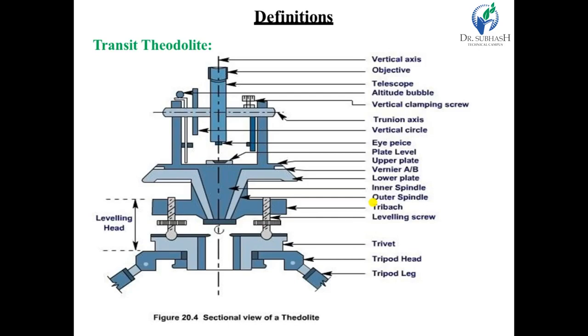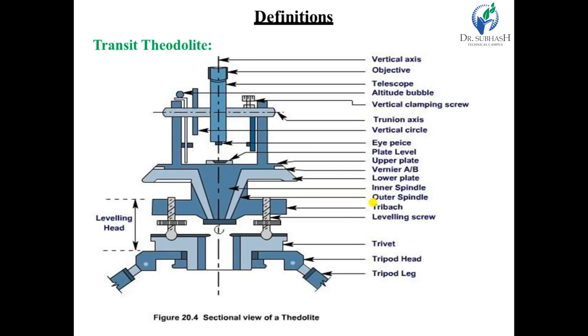The lower plate has a graduated disc with marks of 0 to 360 degrees, and the upper plate has a vernier mark from 0 to 30 or 0 to 60, that can be matched with each other to get the reading. Second thing, inner spindle. The inner spindle rotates on the outer spindle, so our theodolite revolves about the vertical axis.